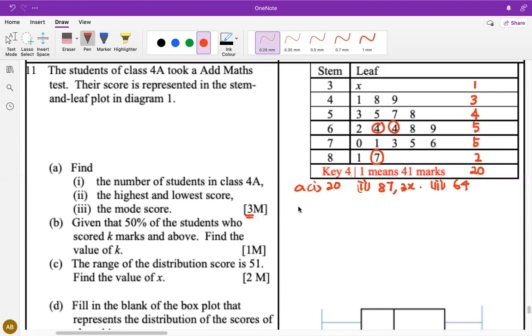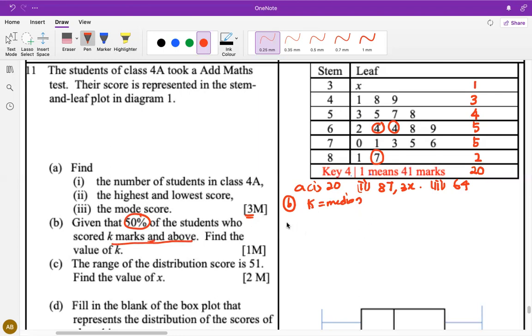Okay, B. We need to find the score that 50% of the students reached. K marks and above, so that means K is the median. When you say 50%, we score K marks and above, so K is the median. How to find the median?